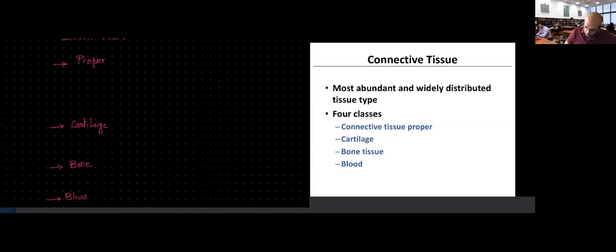So all those are considered types of connective tissue. Again, 4 types of connective tissues that we're gonna be discussing: proper connective tissue, cartilage, bone, and blood. Another name for the bone tissue is osseous tissue. It's the same as bone tissue.